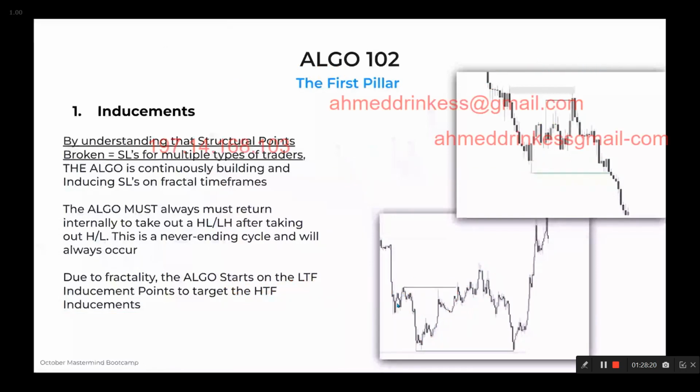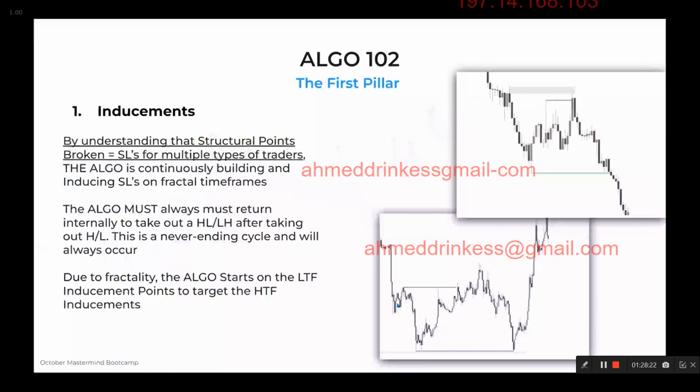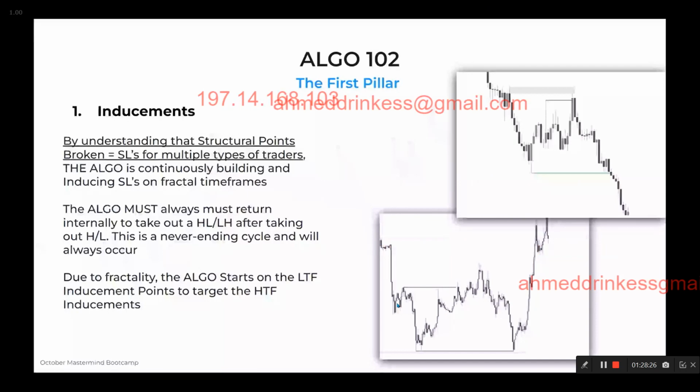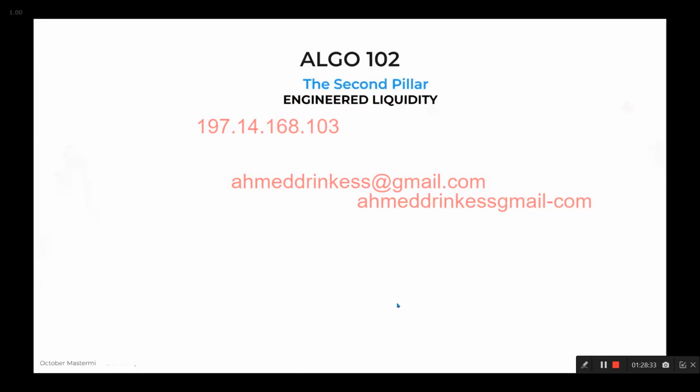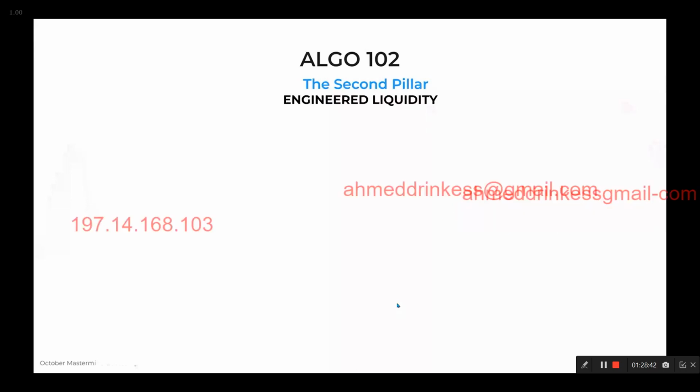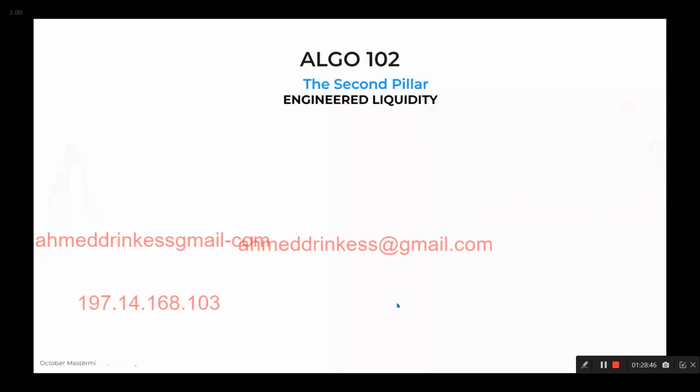The second pillar. The second pillar that I have discovered myself when it comes to a specific point that we refer to as the transactional point of the algorithm is called engineered liquidity, abbreviation ENG LQD.